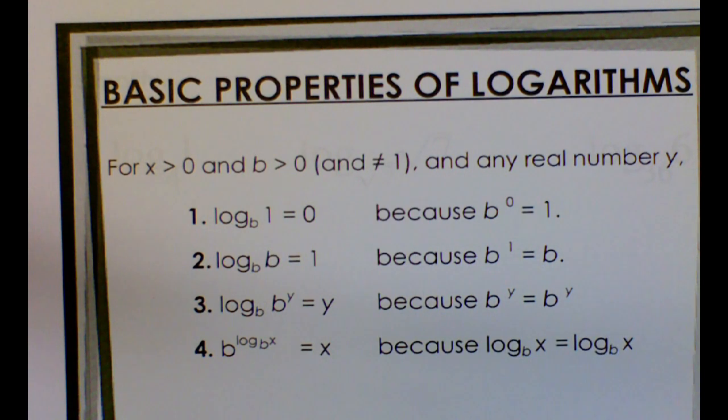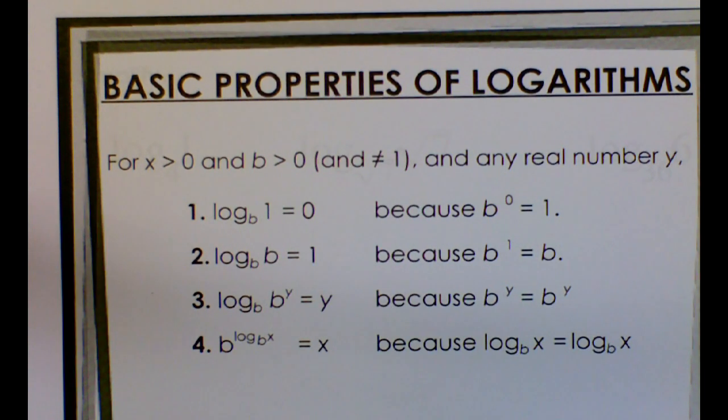Basic properties of logarithms. As long as x is greater than 0 and b is greater than 0 and also not 1, and there's any real number y, doesn't matter what it is, log base b of 1 is always 0. Every single time. Doesn't matter the base, log base b of 1 is always 0 because anything to the 0 power gives you 1. Log base b of b is always 1 because anything to the first power is itself.